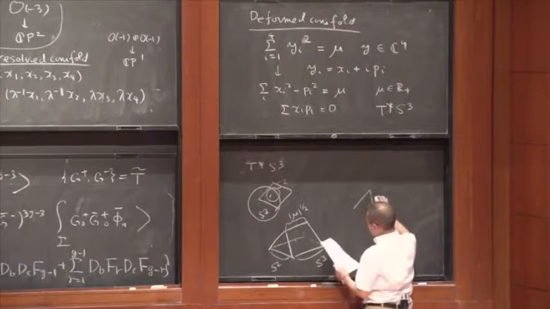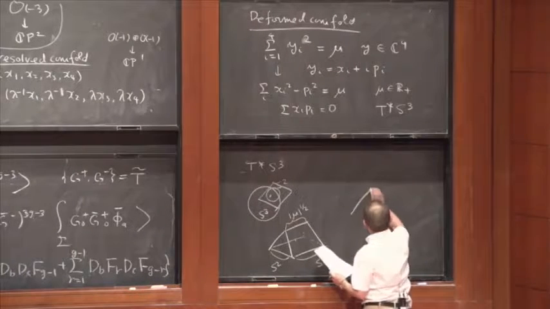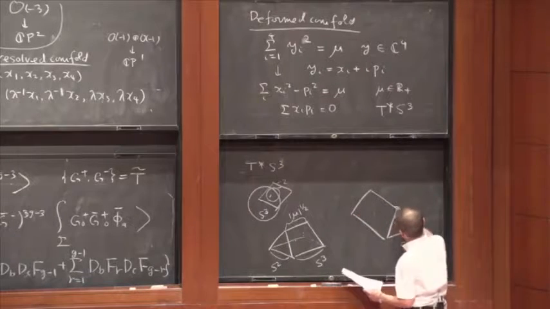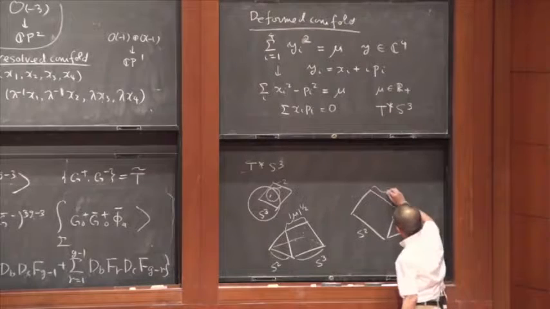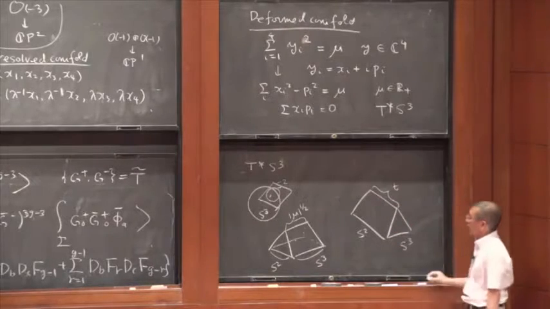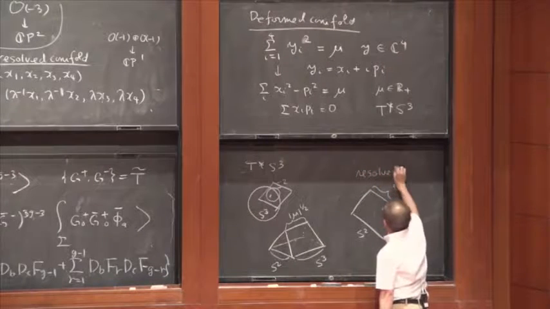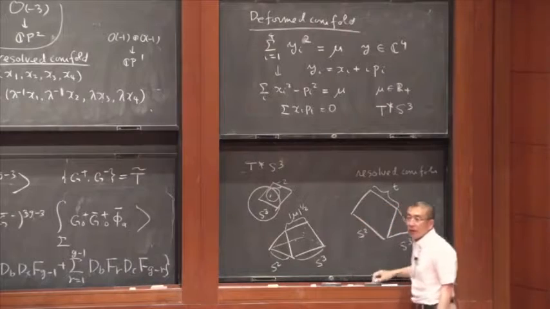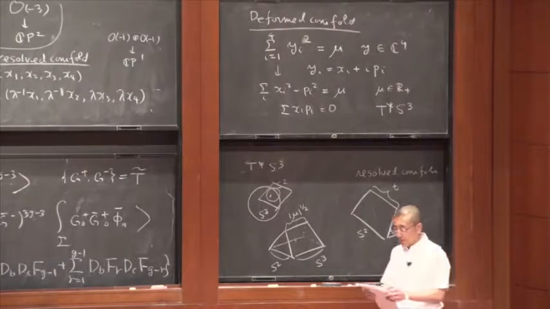So in that case, the geometry would look like this. Now, the S3 direction can shrink to a point, but the S2 direction has a finite size, which is characterized by the scalar moduli. So this would be a resolved conifold. So these are connected to each other here in the limit of t equals 0, and here in the limit of mu equals 0.